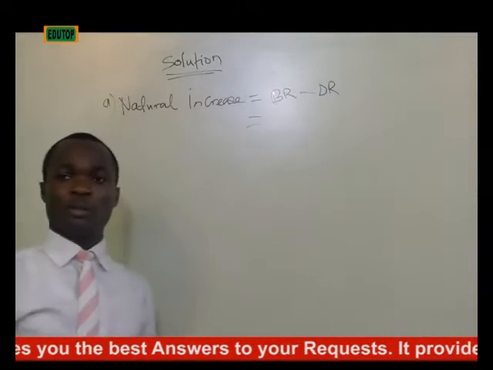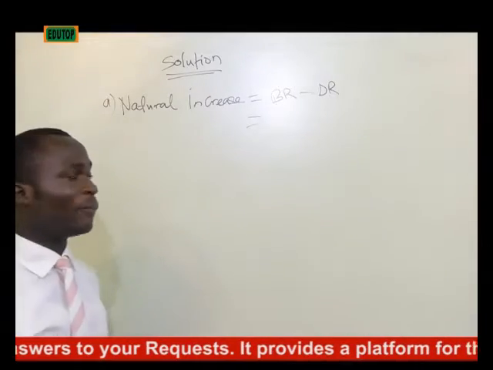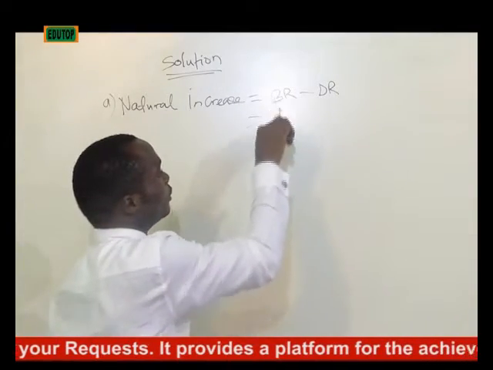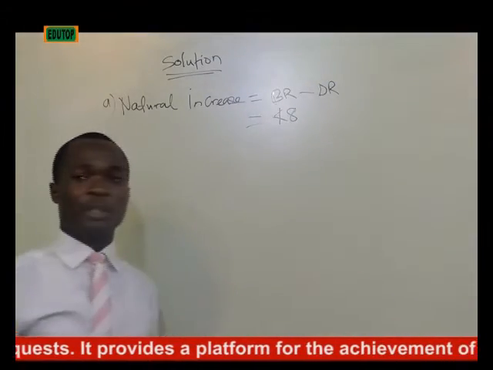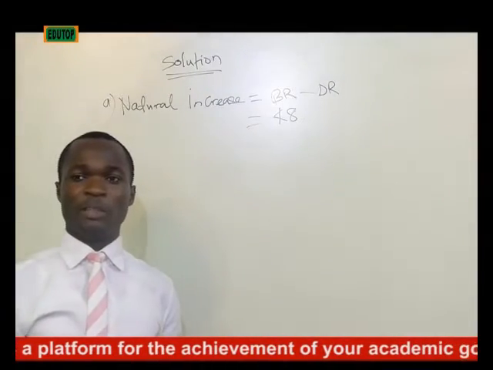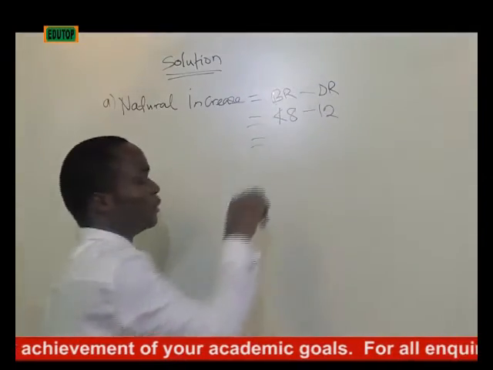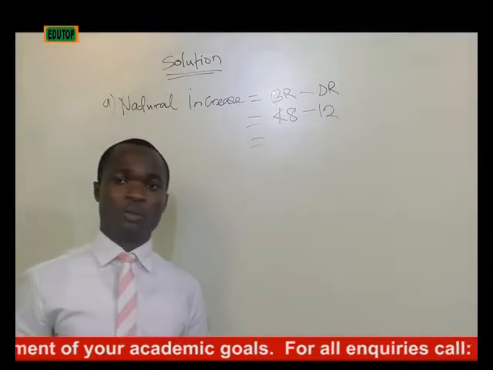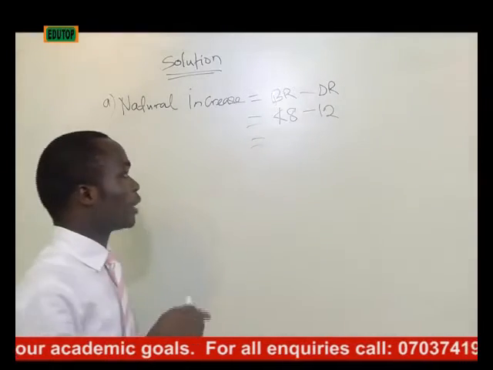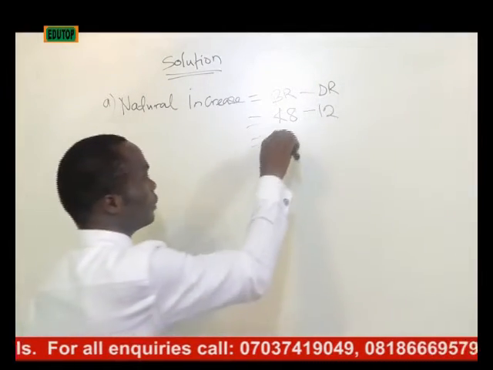From the question in 1996, the birth rate is 48 million. Remember, everything is in million. 48 million, and the death rate is 12 million. So, if you subtract 12 from 48, you have 36 million.